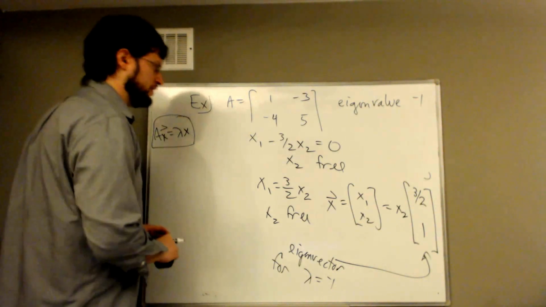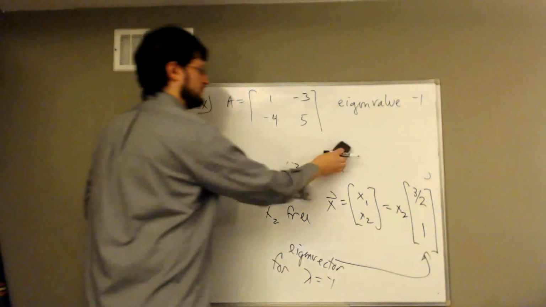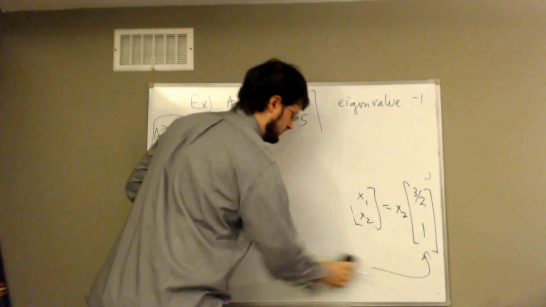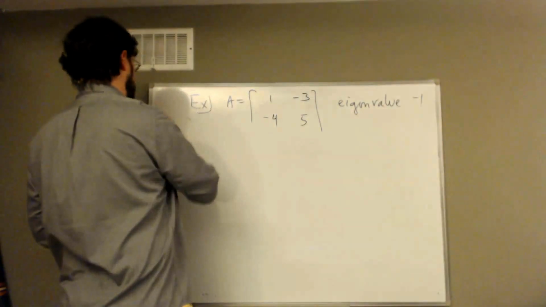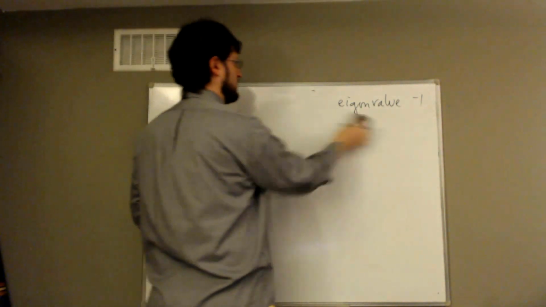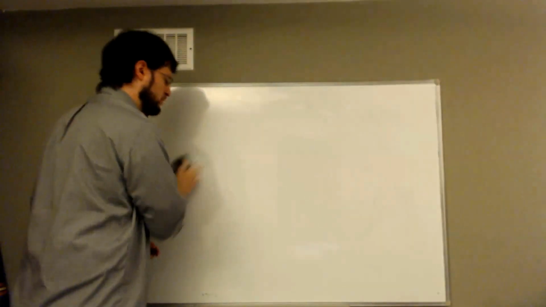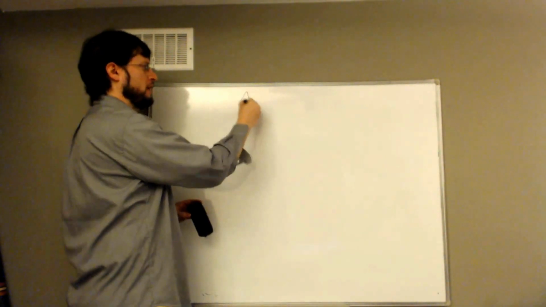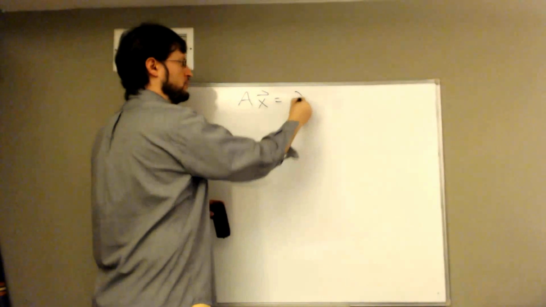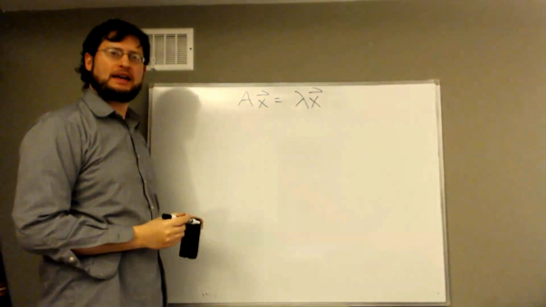All right, let's look at some more. Before we look at some more, let me talk about it just in more abstract terms just for a minute. Remember what we just did there? We started with Ax equals lambda x.